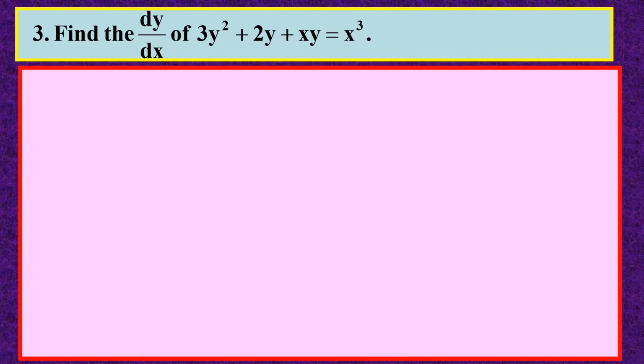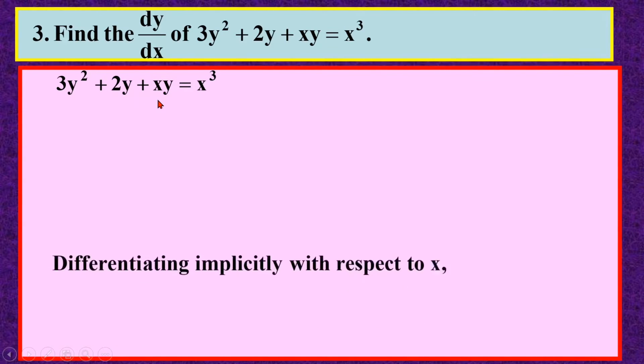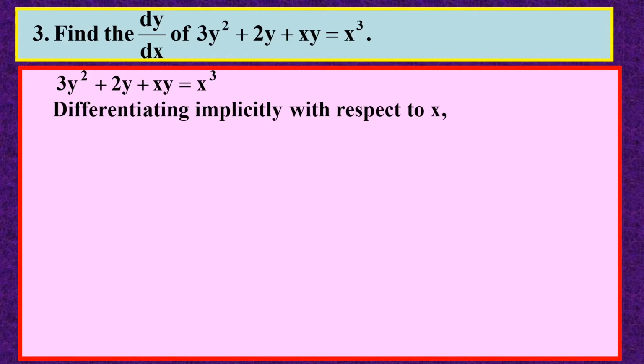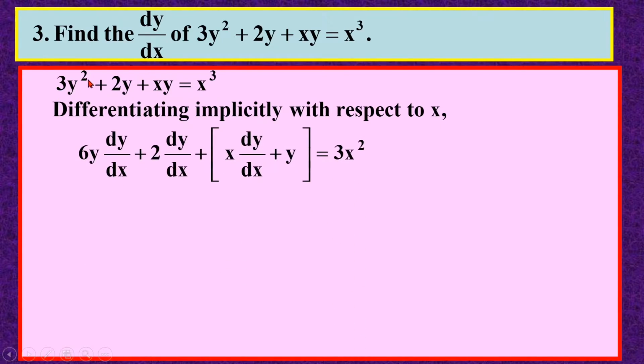Now in this question number 3, I have a multiplication here, the product of x and y there. So I'm going to do this very carefully. So 3 times 2, I get 6. Y, I copied it down. Index minus 1, that's why my y is to the power of 1.